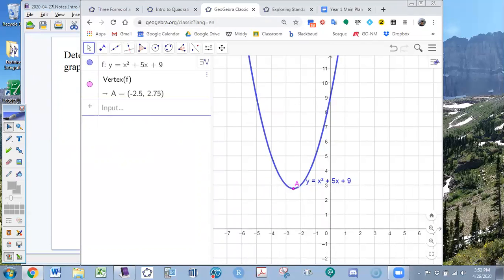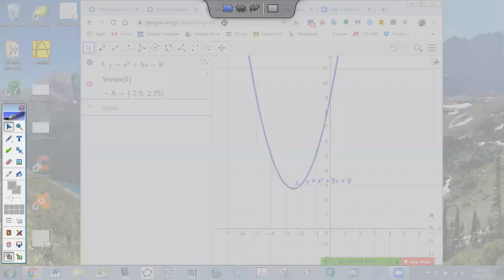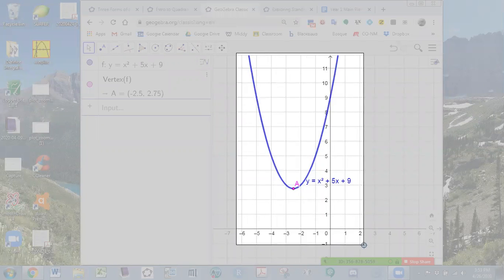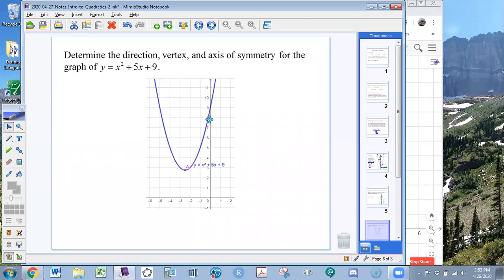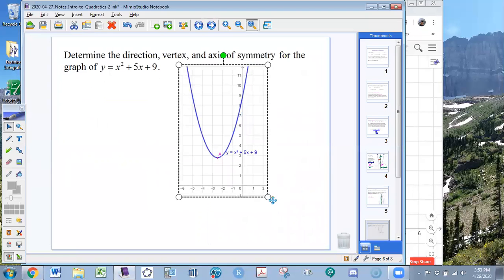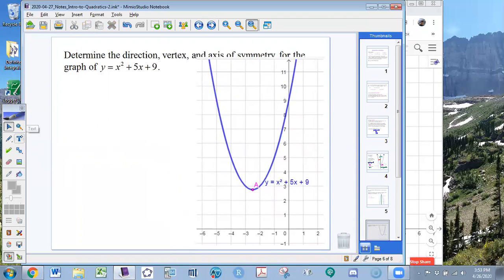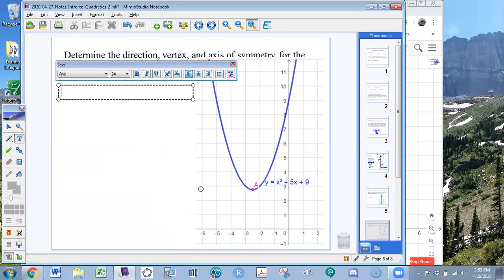So coming over here, let me grab this picture and pull it over for ourselves here. Got this graph right here. Manipulating that. And so what we are seeing here is that this opens upward.